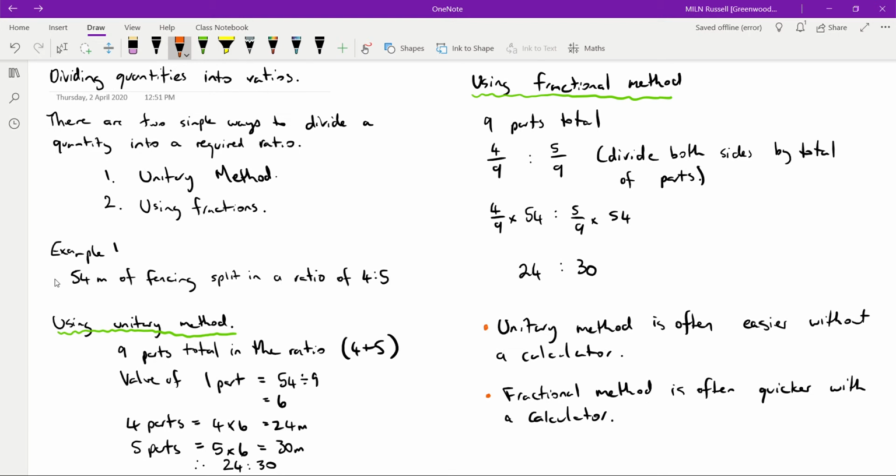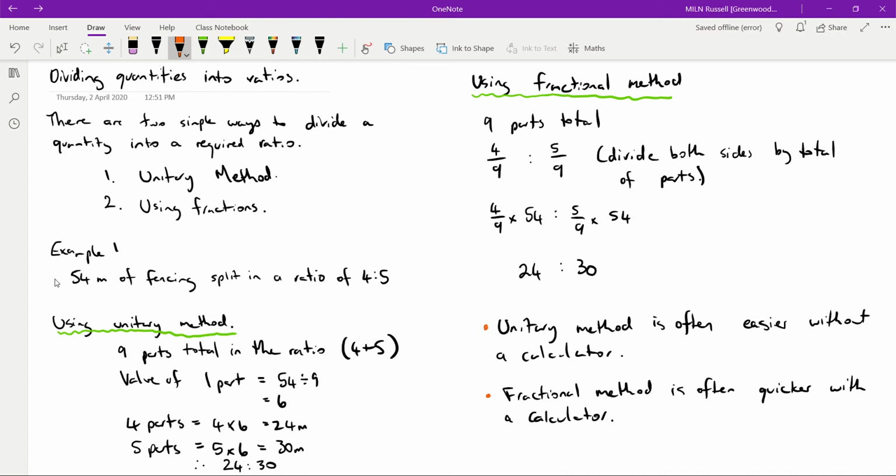Now, using the fractional method, same sort of idea. We start with 9 parts total, except this time we split our ratio into fractions by dividing both sides by the total parts and then multiplying by the quantity. So if we want to split 54 meters into a ratio of 4:5, first multiply it by the left hand side, divided by the number of parts, multiplied by the quantity.